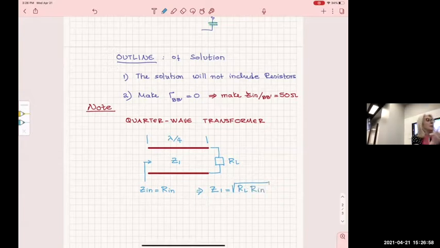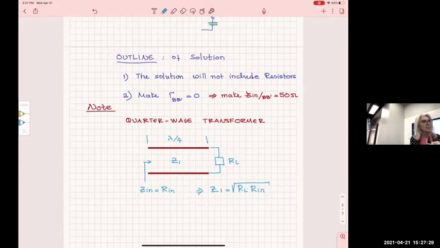Then this line, which has a length of a quarter wavelength and a characteristic impedance that is the square root of these two real impedances, will take a real load, RL, and transform it into another real load, Rin. All right, so we know that.